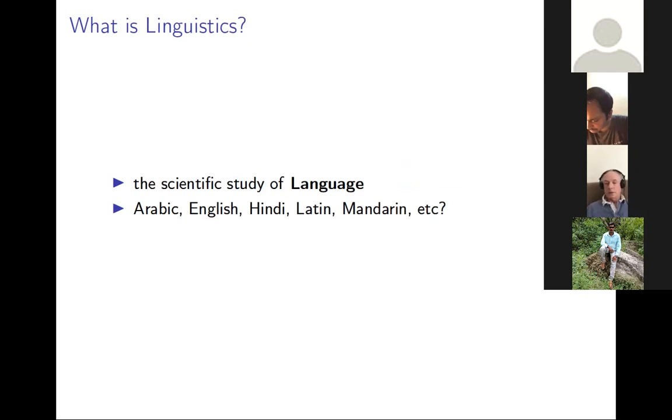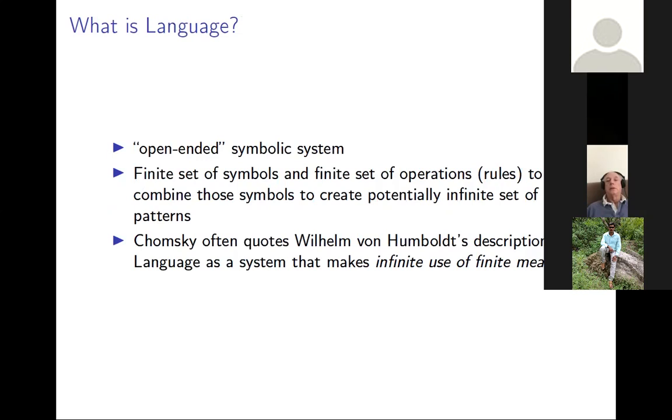Now you can ask the question, what do you mean when you're talking about language? Is it human language, Arabic, English, Hindi, Latin? Are we talking about these languages? Or how do we define language, which is the object of study in linguistics? Linguists define language in a very broad sense.